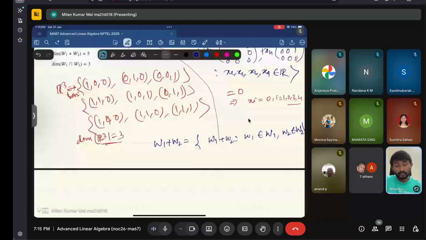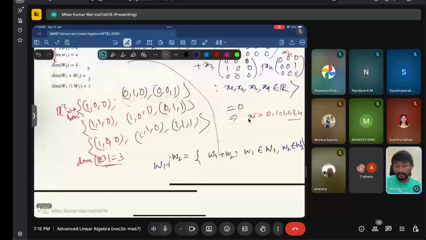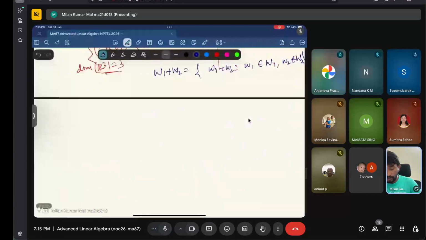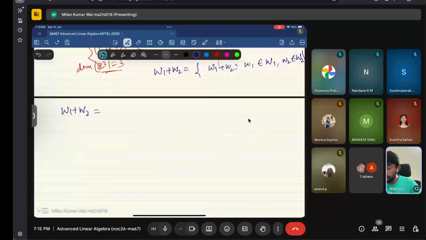Now if I take W1 plus W2, what will it be? In our case, I'm writing x1 plus y1, y2, x3, x1 plus y1, x4 plus y3, and y4, 0, x1 plus y1.